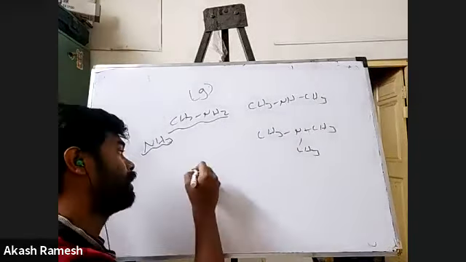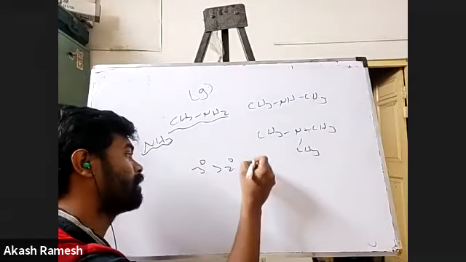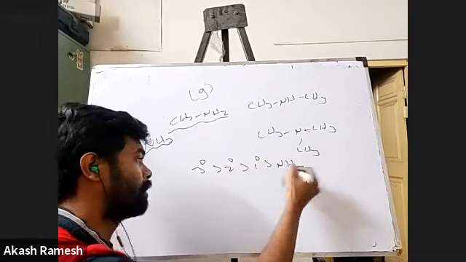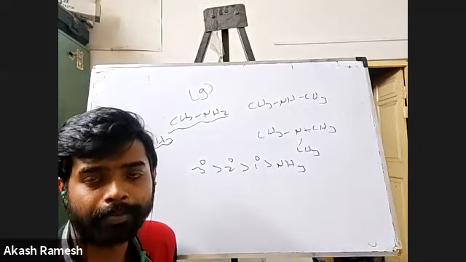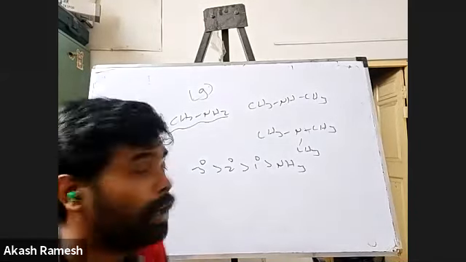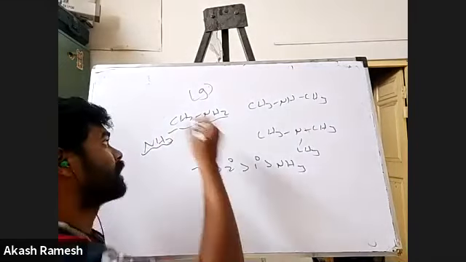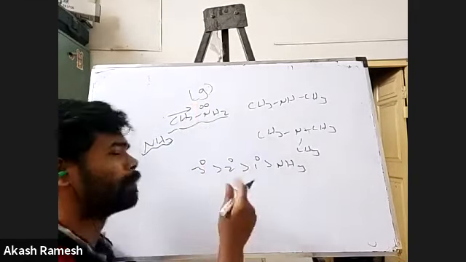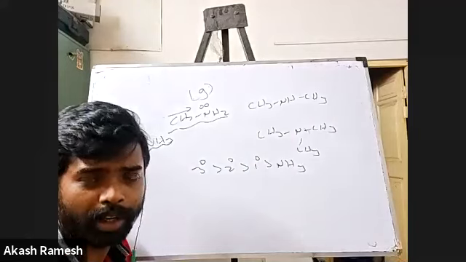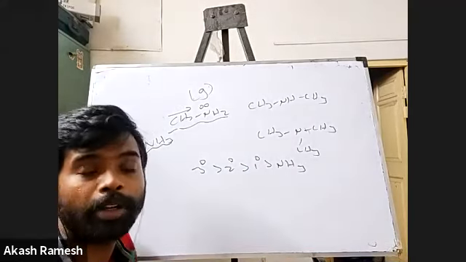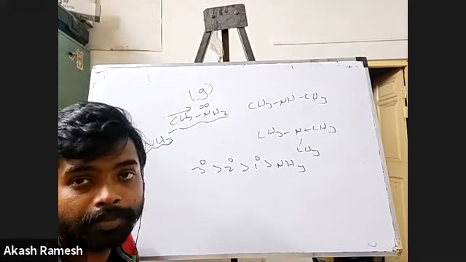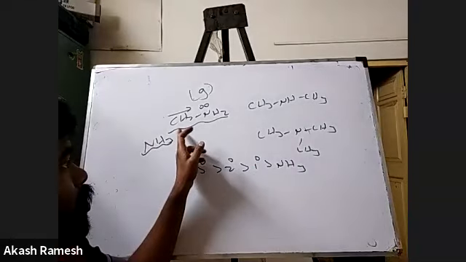The order is tertiary, greater than secondary, greater than primary, and the least basic is ammonia. Now it is pretty straightforward, isn't it? Why? Now I know CH3 is an electron donating group, just like how we saw in the previous question. Electron donating groups will increase the basic strength. Electron withdrawing groups will decrease the basic strength. So CH3 NH2 CH3 is there.